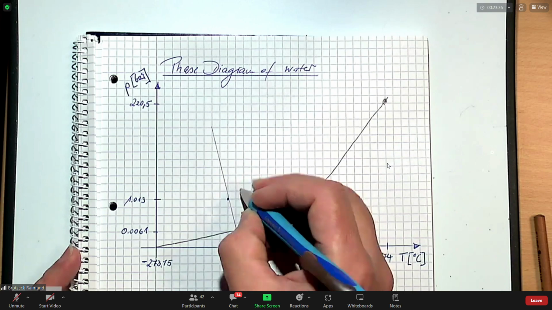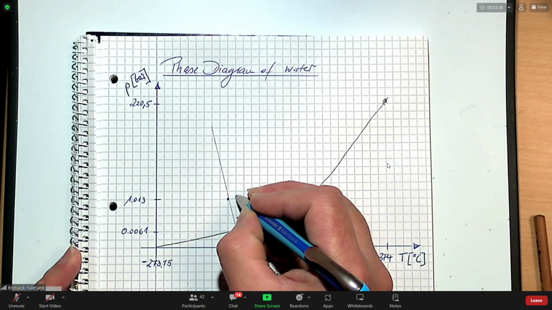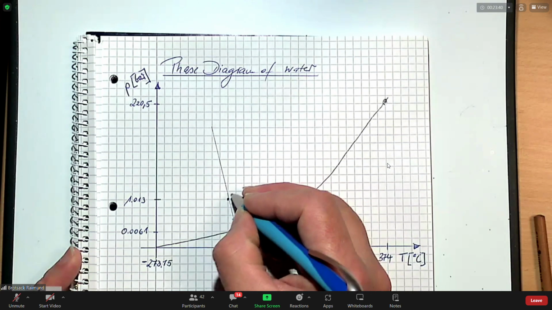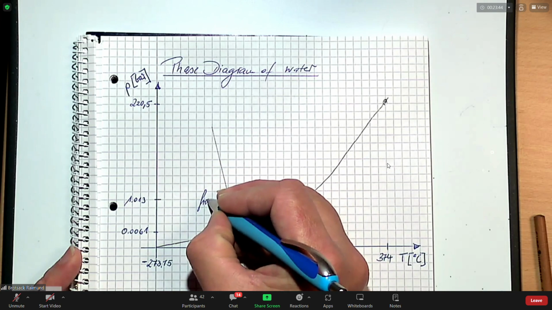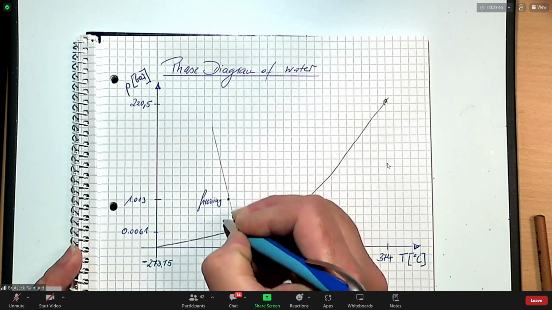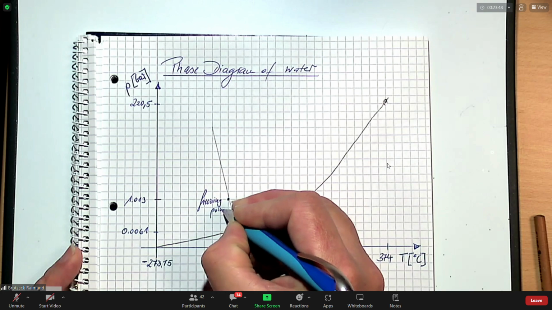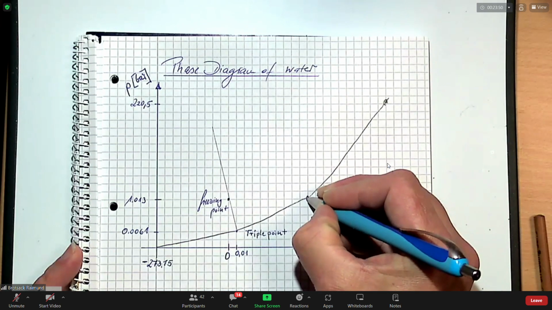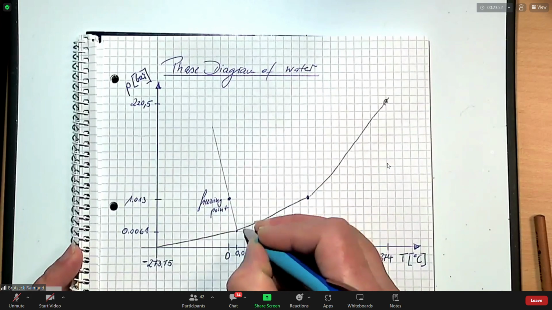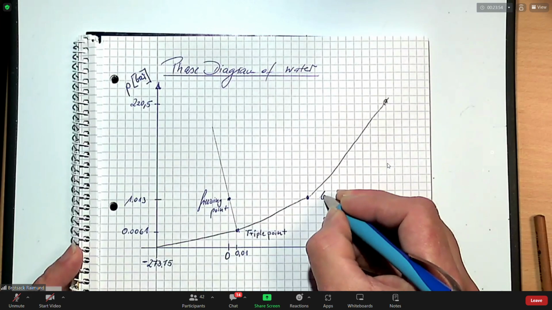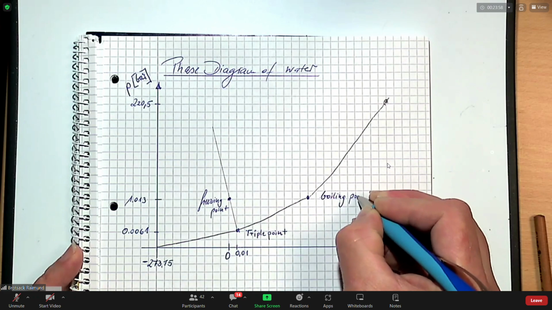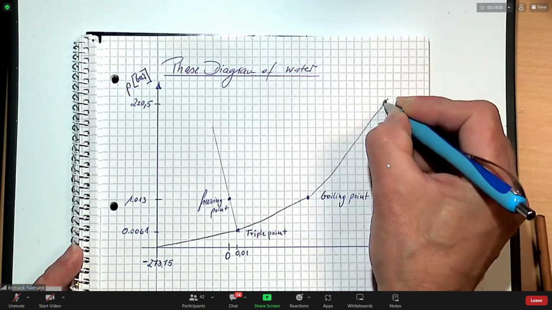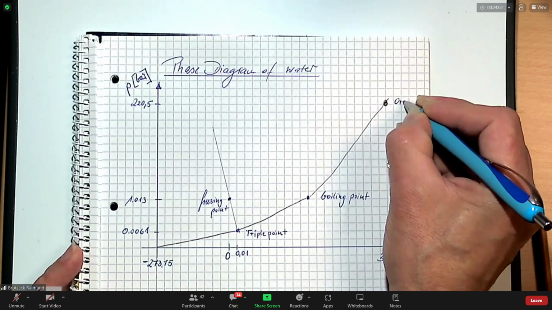This is the freezing point. This is the boiling point. And this is the critical point.